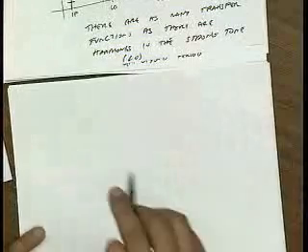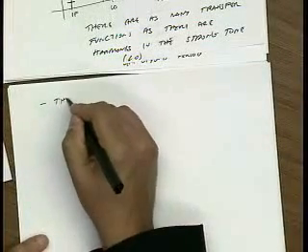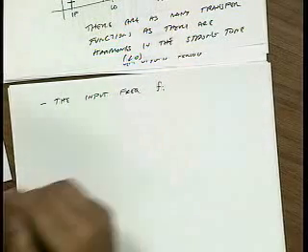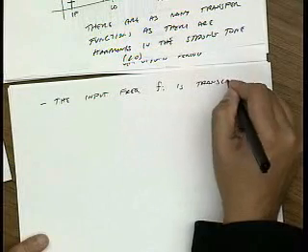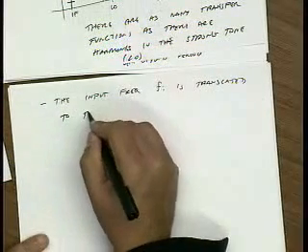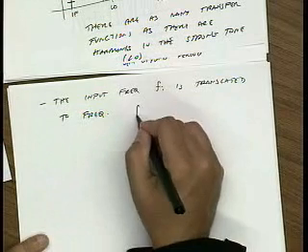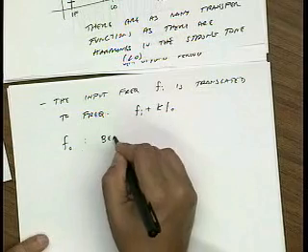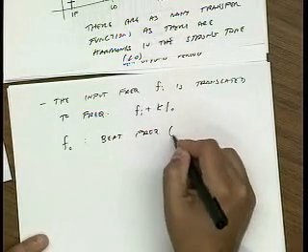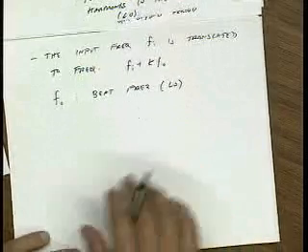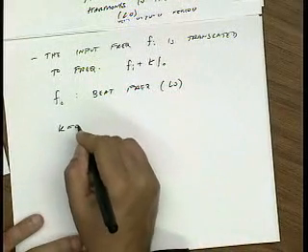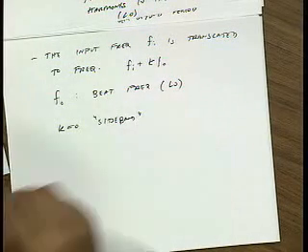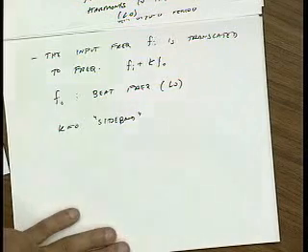So the input frequency, let's call that Fi, is translated to frequencies F input plus K F naught, where F naught is the beat frequency, which in a mixer is just the LO frequency. So for instance, the K equals 0 sideband is the DC component of the LO.